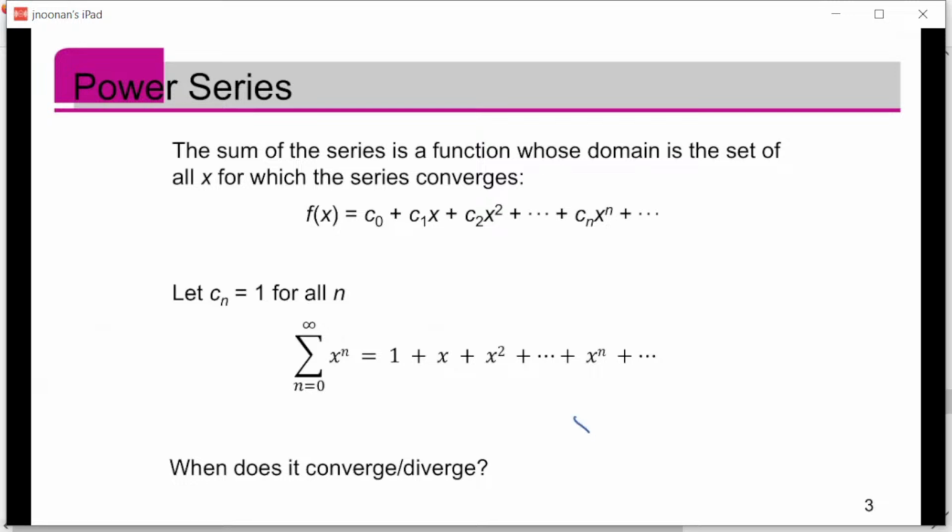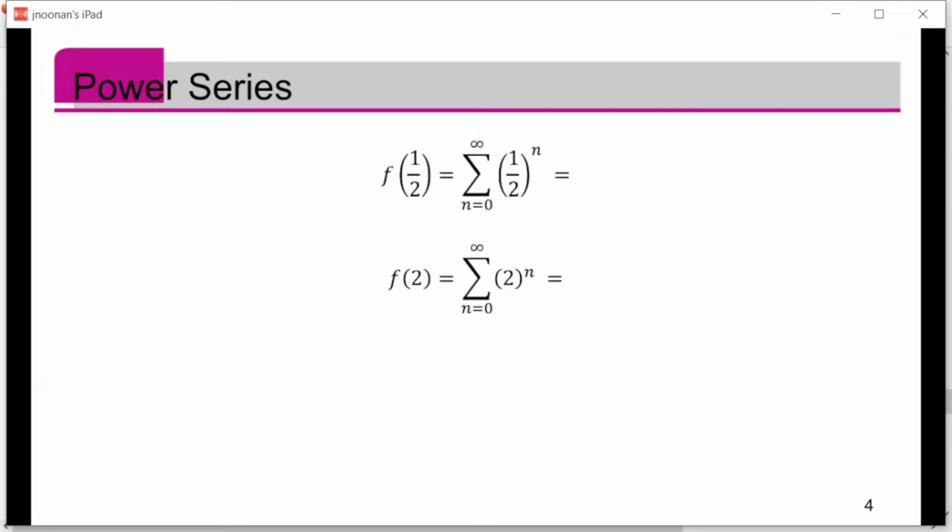As long as x is between -1 and 1, this thing will converge, and it will diverge otherwise. So that's going to be the basis for the rest of these, at least for now. So let's take a look. What is the sum?